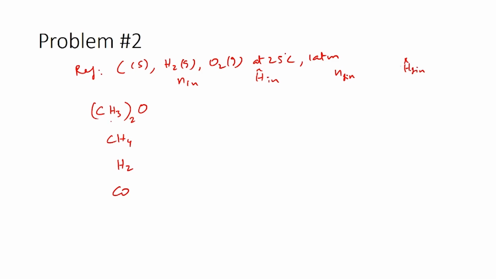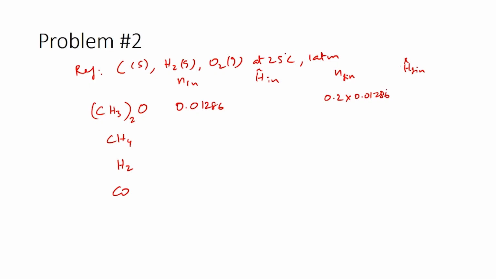As far as the number of moles of dimethyl ether fed, you have it as 0.01286, and the number of moles of dimethyl ether which is remaining would be 0.2 times 0.01286.